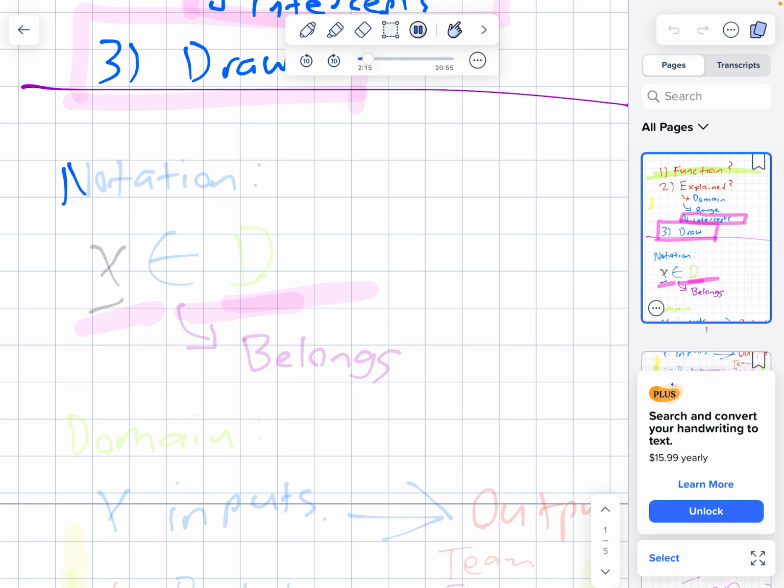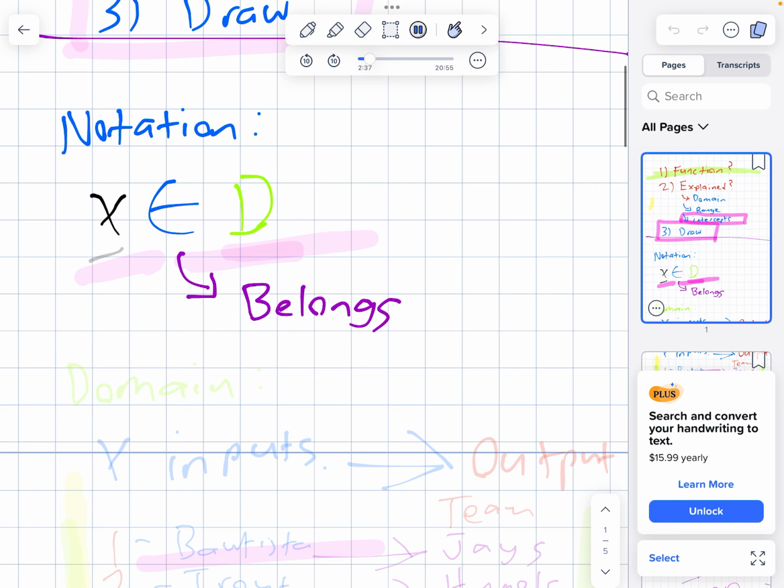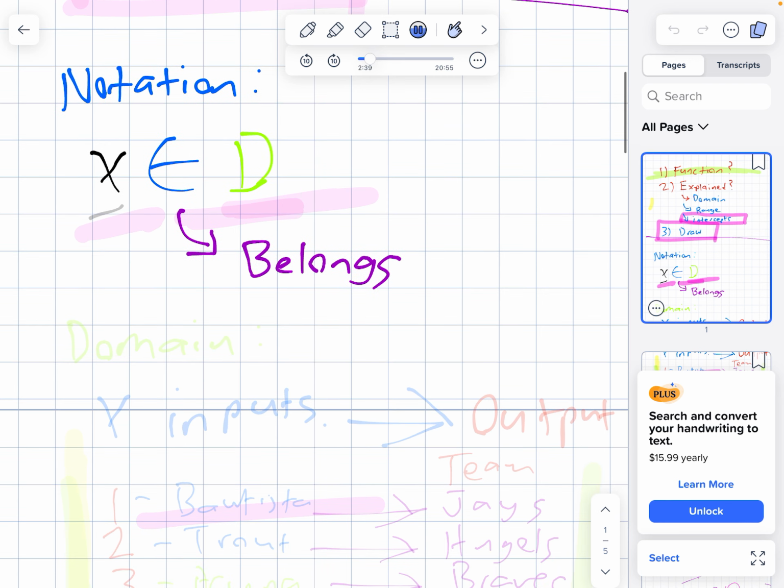Beginning with some notation, we use the following symbol to connote that x belongs to D. This is a symbol that we will be using a lot, so it's pretty important that we get a good handle on what it means.